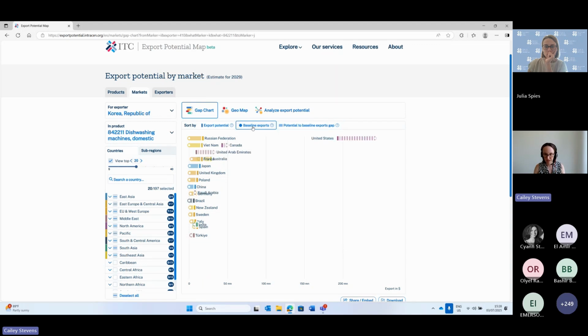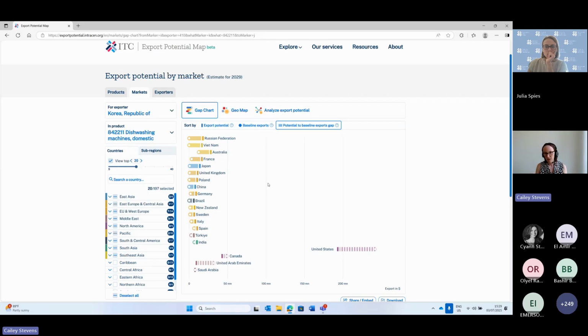So we can sort by baseline exports, and we see that the majority of South Korean dishwashers are currently going to the US. If we sort by export potential, we can see that the US has the most export potential for dishwashers from South Korea. But again, we really want to look at unrealized potential. So these are the markets that have unrealized potential for dishwashers from South Korea.